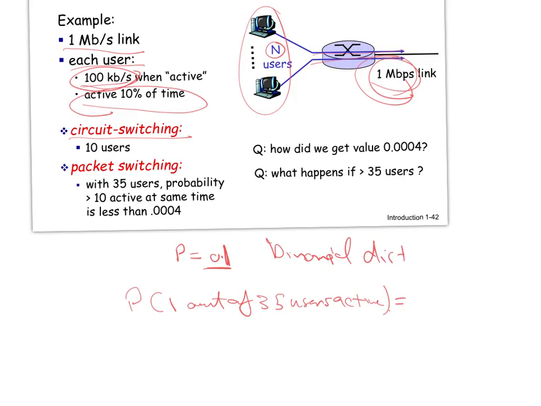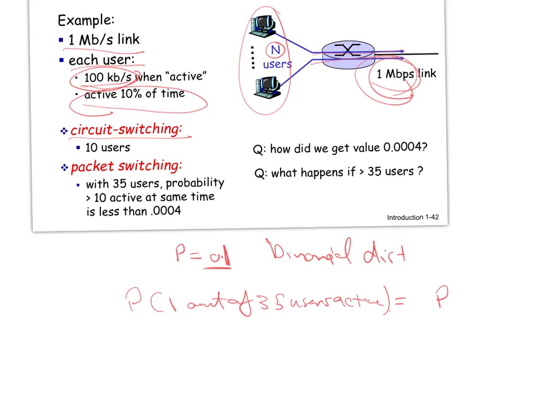Binomial distribution talks about a group of people, okay? And each of them has a certain probability to produce a certain outcome. So what is the probability that one user produces that outcome? A probability that one user produces this outcome means this user is active, okay?